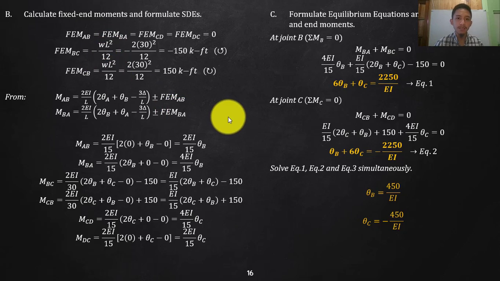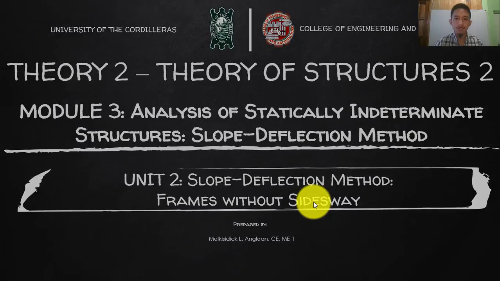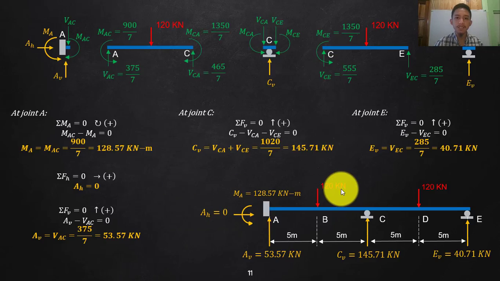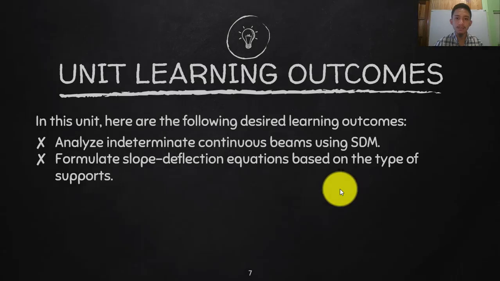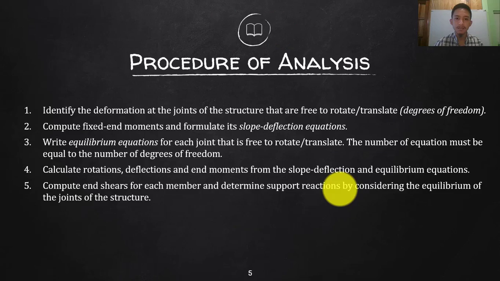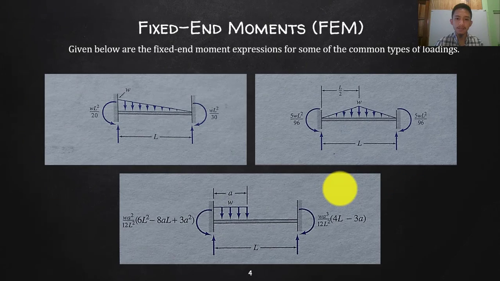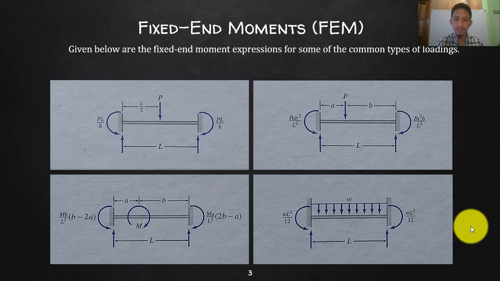Let's go back to that. So UDL, this one. If I make that fixed on both ends, then get the moments, that is your fixed end moment.